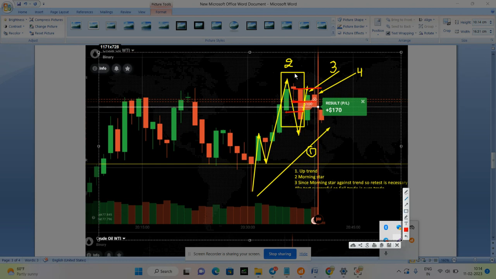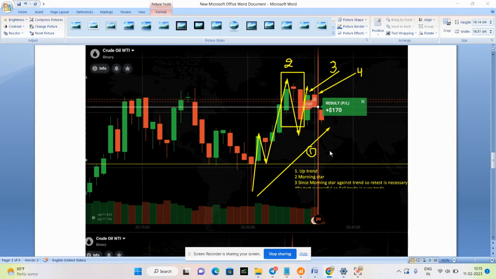As this evening star was against the trend, the retest was compulsory and it retested successfully. So it is a wise decision to go with the sellers here.